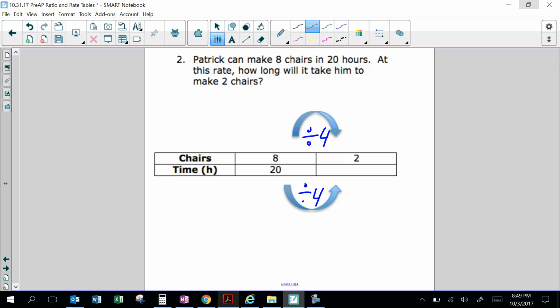But if I'm talking about scale factor, which you'll need to know in 8th grade, another way to say it is times the reciprocal of 4, which is times 1/4. Because 8 times a fourth, 8/4, is 2 whole. So what's 20 times a fourth? 5. So 2 chairs in 5 hours. If this is confusing, just think of it as divide. 20 divided by 4 is 5.